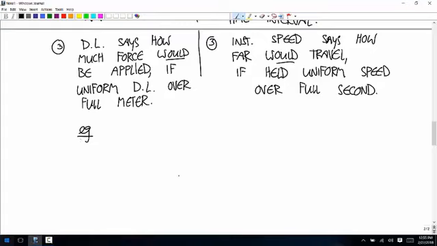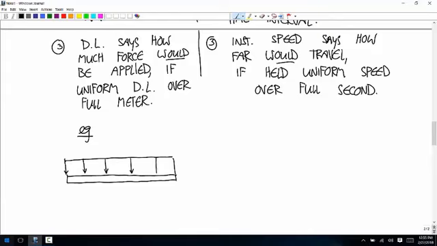The idea with a distributed load is if you have a beam and a distributed load like this, let's say that this length is 1 meter and this distributed load is 2,000 newtons per meter.